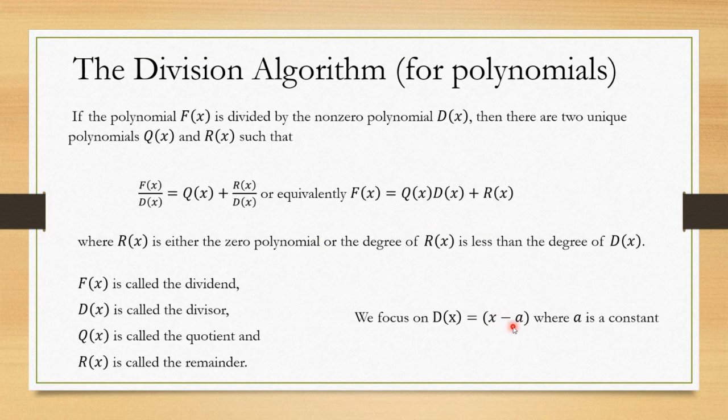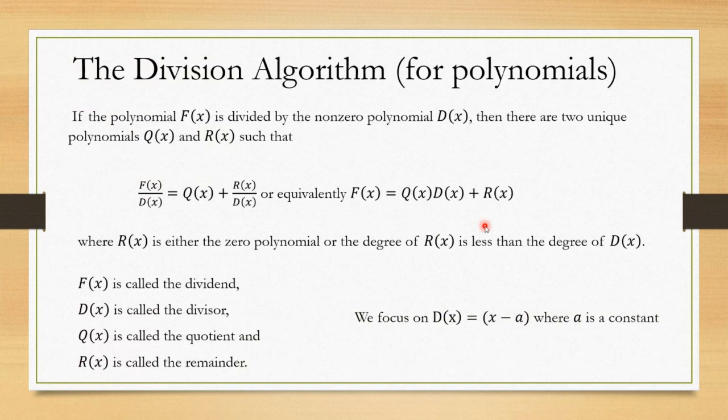If you divide by this, the remainder turns out to be capital F of a. And in fact, from there, you can get R of x is 0. And from there, you get the factor theorem, which tells you that D of x, this thing, is a factor of F exactly when F of a is 0.